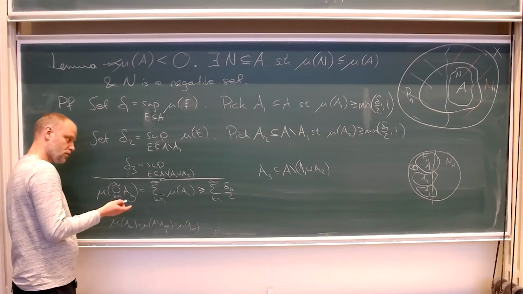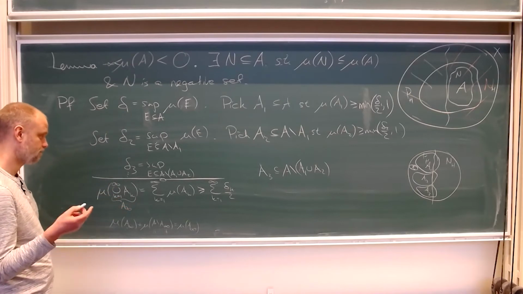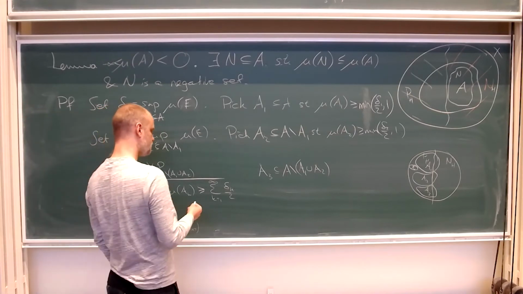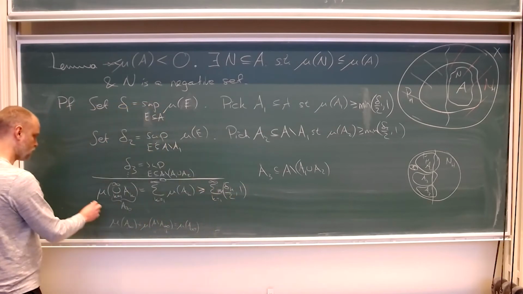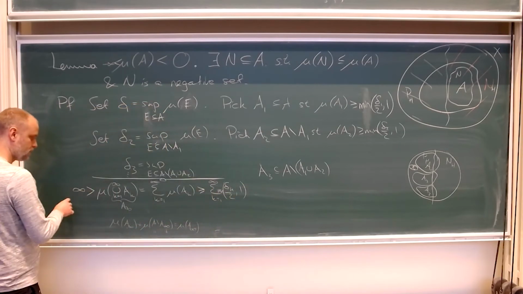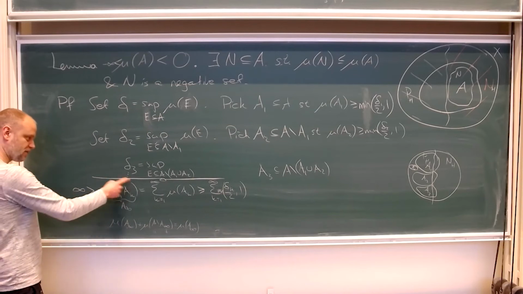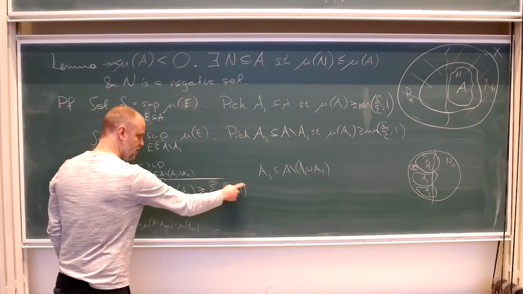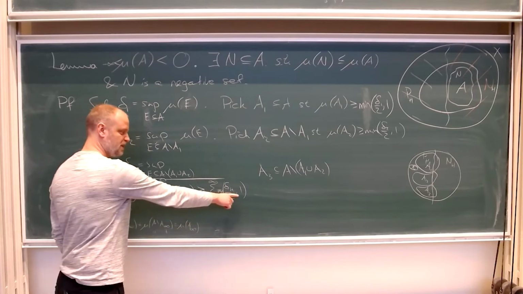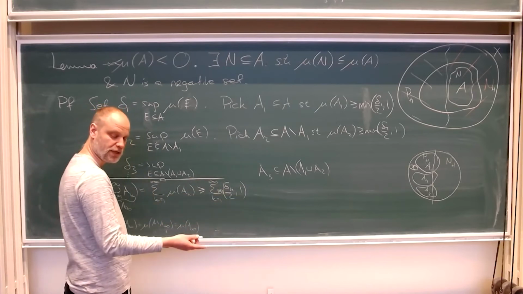So we have that infinity is, so this is a finite number, so this is a finite sum, which means that there can't be too many ones in it.